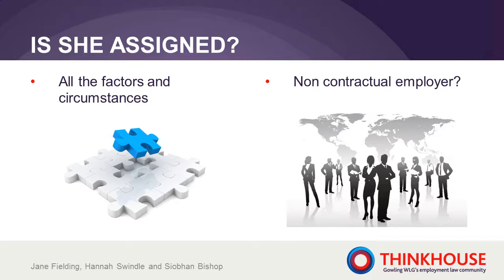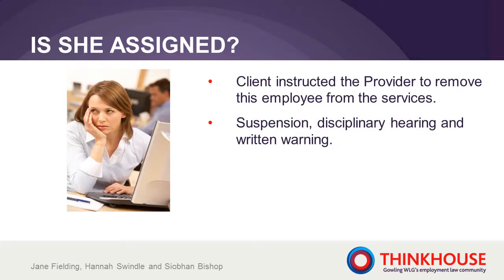It's very common, as I'm sure you know, for that contractual right to be built in for clients to say, we want you to replace this person on the contract, and they had exercised that right. The incumbent provider had suspended her, done a disciplinary investigation and given her a written warning, but they had not reassigned her to a different contract. So from the new provider's perspective, do you think they're going to inherit this person or not?